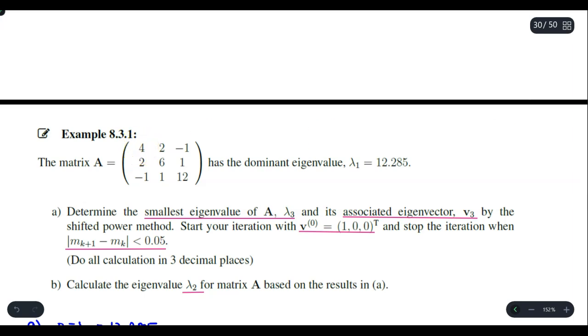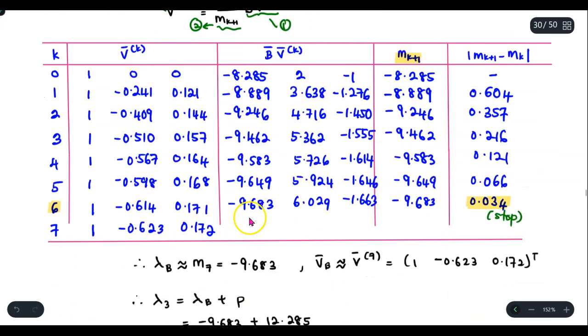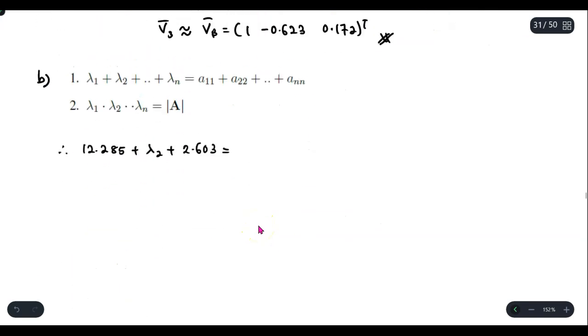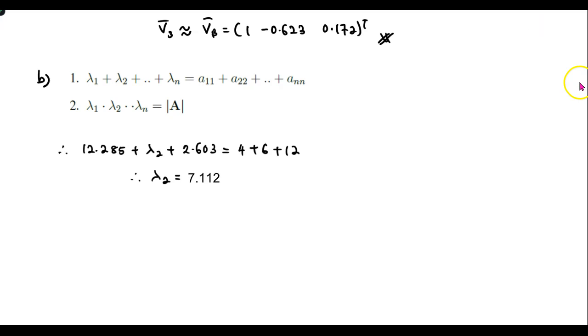The diagonal elements are A11, A22, A33, so 4, 6, and 12. So 4 plus 6 plus 12. Just simplify and rearrange the expression, plus minus here and there, and you can come out with your lambda 2. So what do we have?